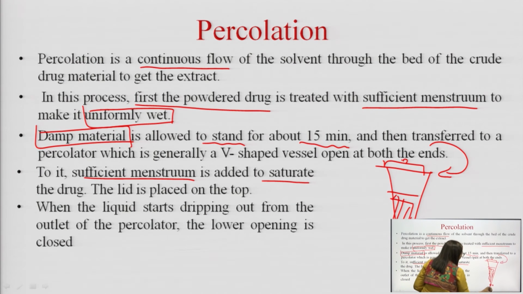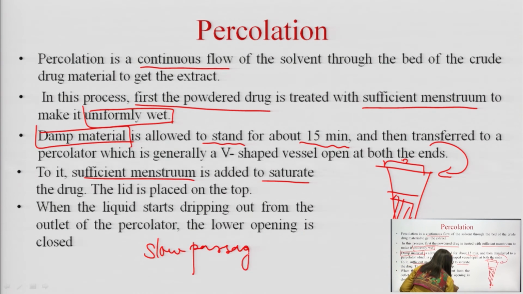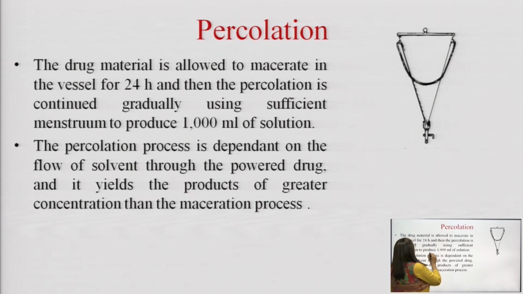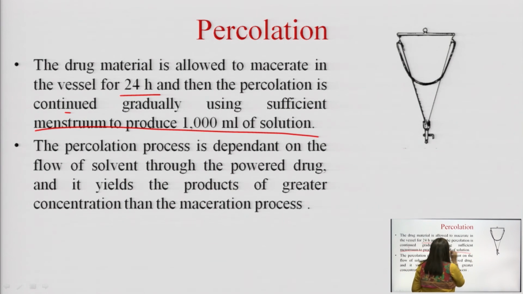Then slow passage of the solvent is done, and the lid is placed above. Once the solvent starts dripping from the percolator, the lower opening is closed. So, this maceration is done for at least 24 hours and continued gradually till we get the menstruum of almost 1000 ml of the solution.